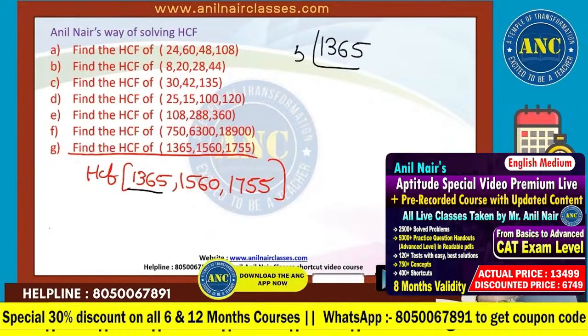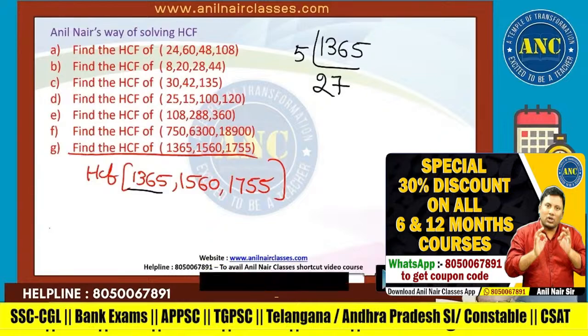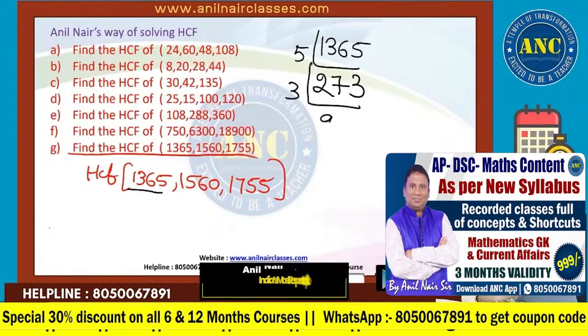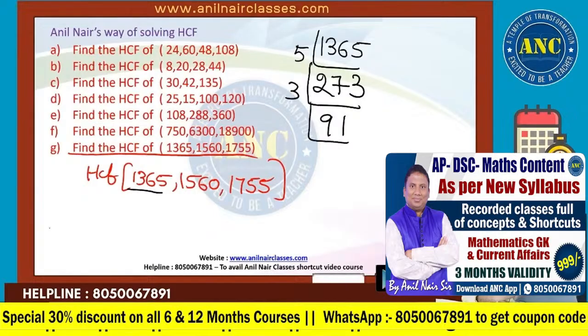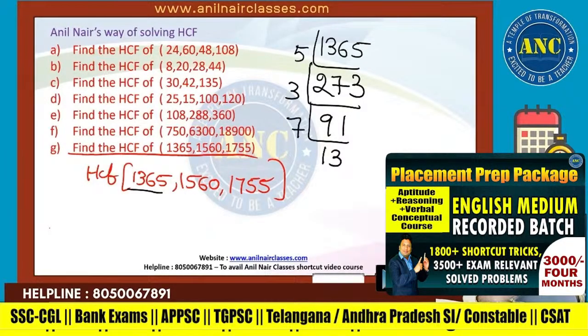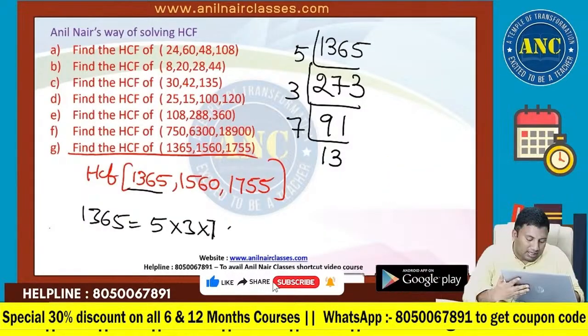Factorize the number. 5 7s are 35. 3 91s are 273. 7 13s are 91. So the prime factors for 1365 are 5, 3, 7, 13.